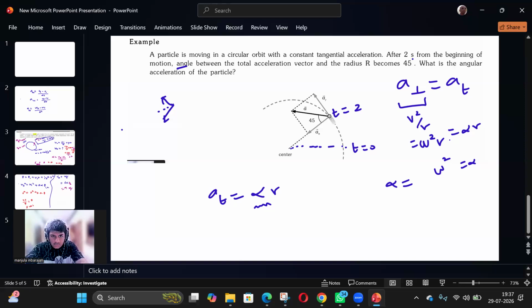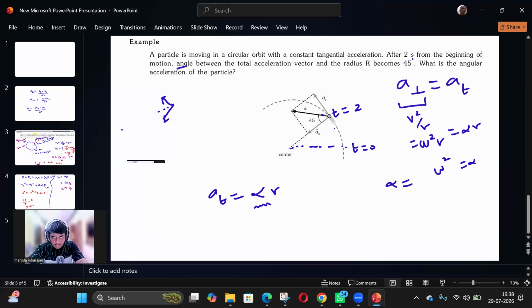This part I'm doubtful about, the angular acceleration thing. Omega should be known. So this also follows this 90 degrees. So this is 90.